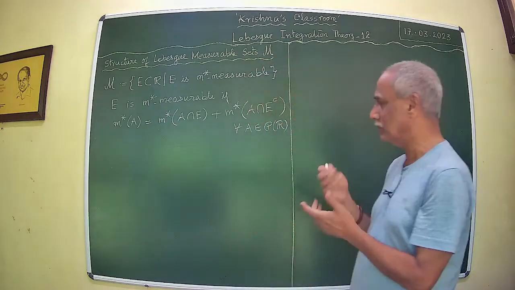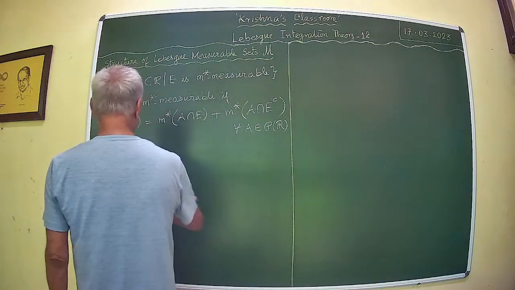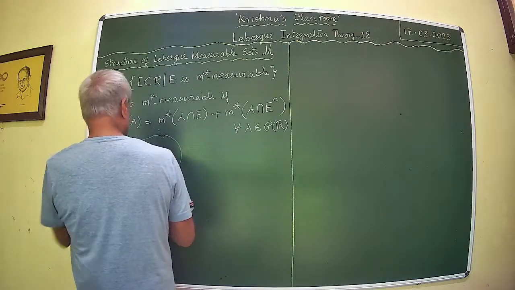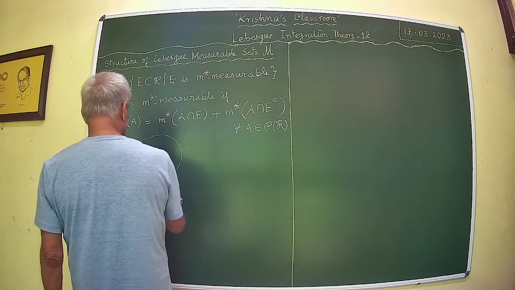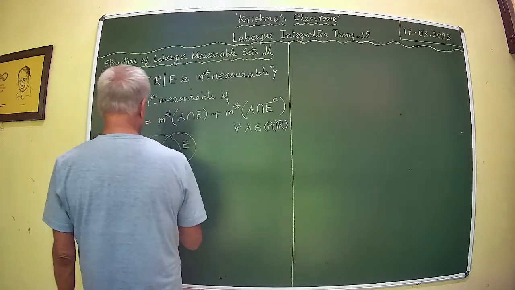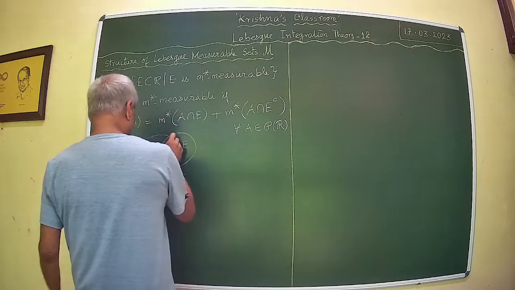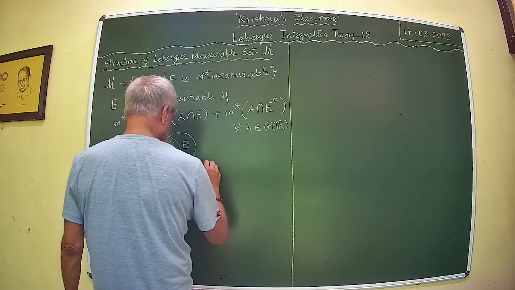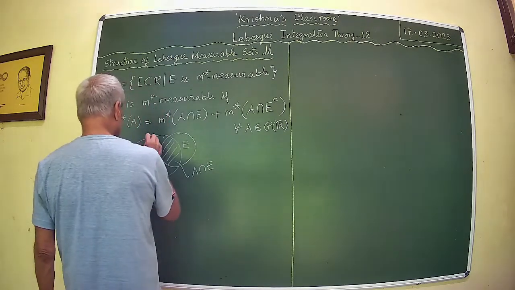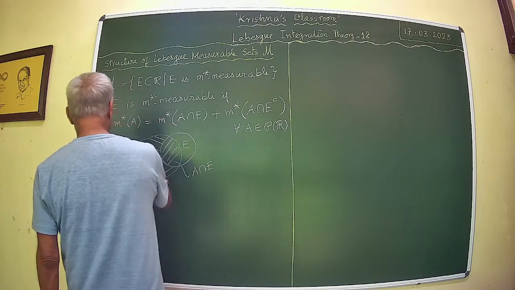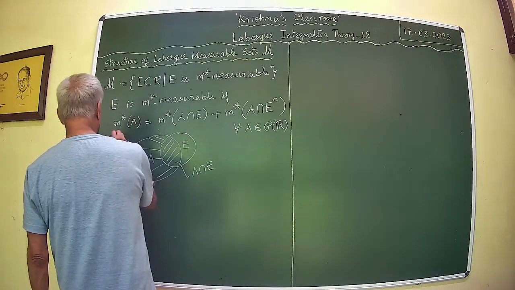Okay, what's the meaning of that? Pictorially, I'm using a Venn diagram. This is A, this is E, and this is A intersection E, and this portion is A intersection E complement.